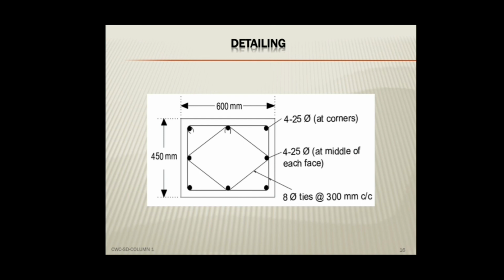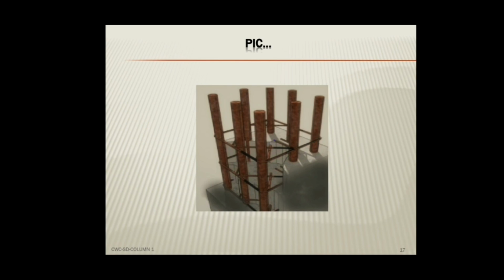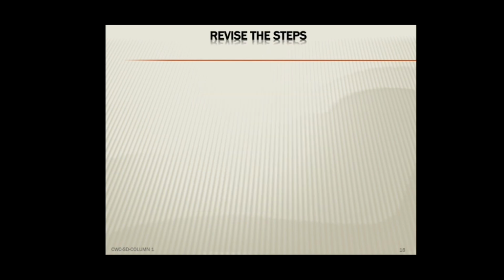And lateral ties are 8 mm dia at 300 mm center to center. So here is a picture. You can see 8 numbers of longitudinal bars and 2 numbers of ties at each section, that is one enclosing all the longitudinal bars and another enclosing only the intermediate bars. We have finished our design.